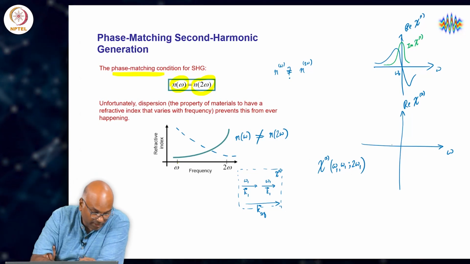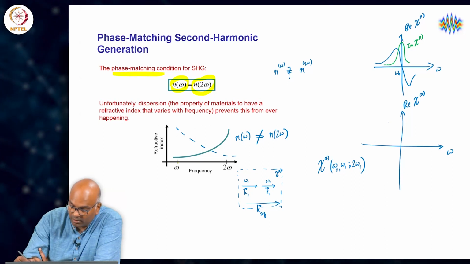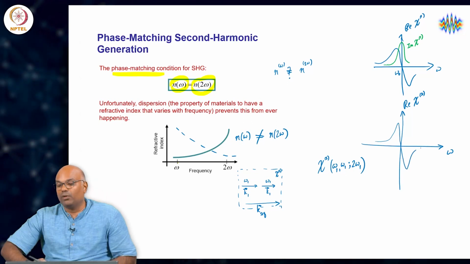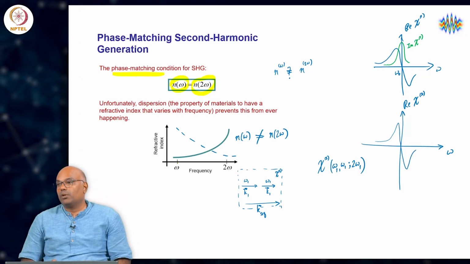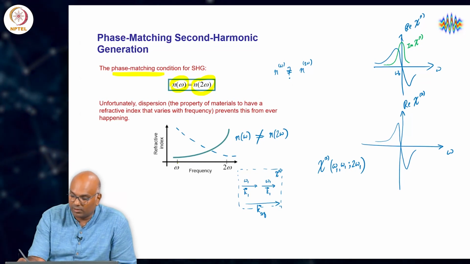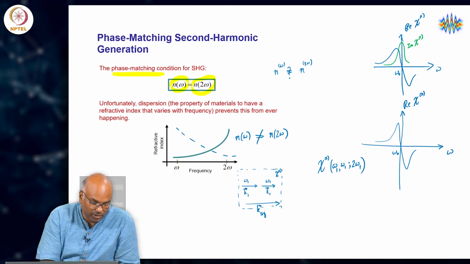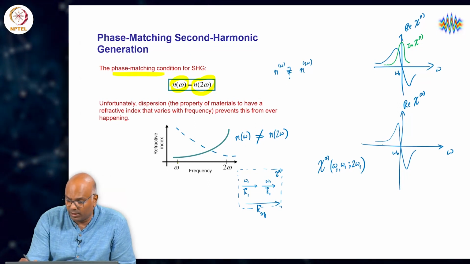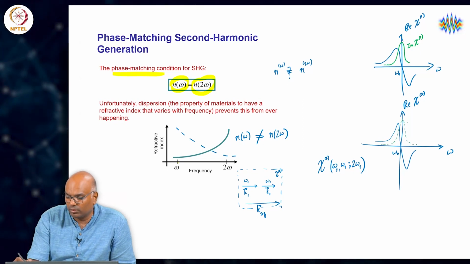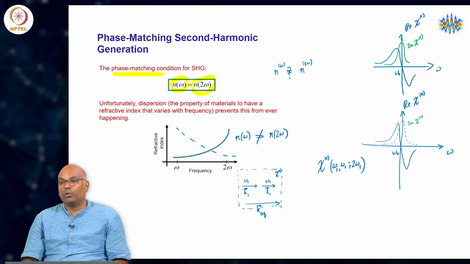So, again the dispersion of chi 2 is going to also follow some kind of a Lorentz structure, of course. So, therefore, here there is also a resonance. So, likewise the imaginary part of chi 2 will also have a resonance.